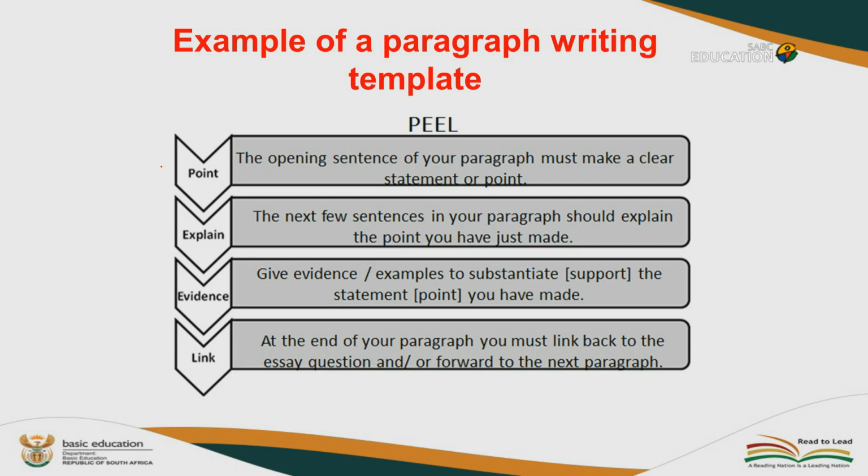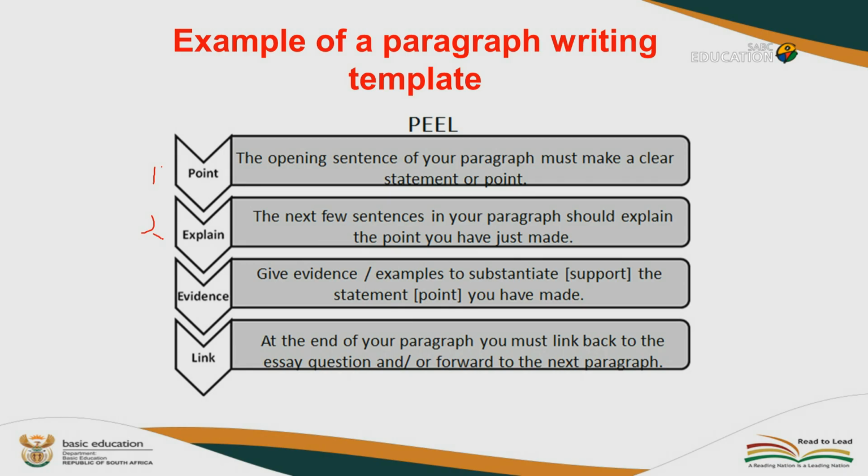What is the point that you want to highlight as a form of an argument in your essay? Once you have highlighted the point, then you must explain it to us. What is this point all about? So the opening sentence of your paragraph must be clear. It must be simple, and it must talk to what the point that you are raising is.